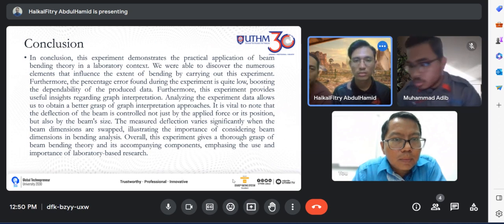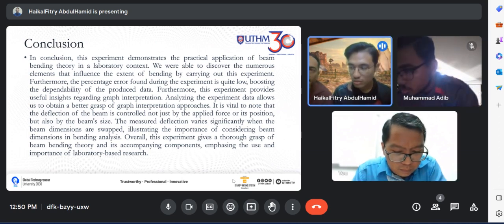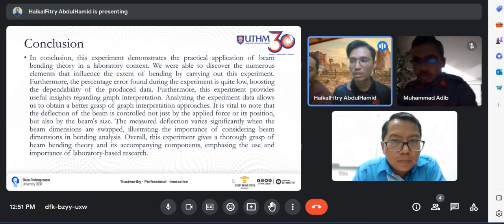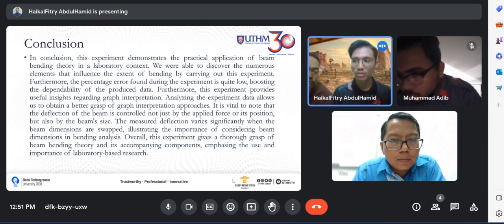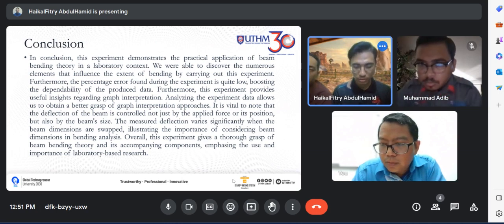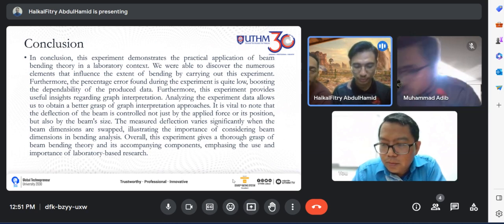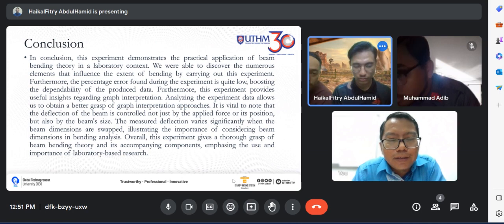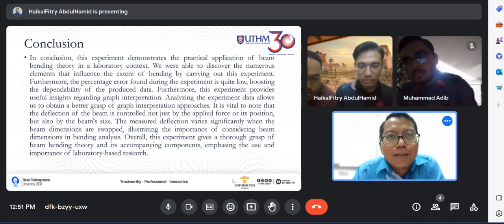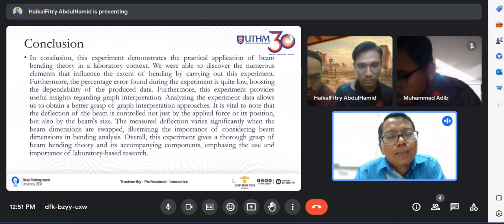Which is thickness versus deflection, length versus deflection, and the last one is force versus deflection. Okay, correct. This is correct.